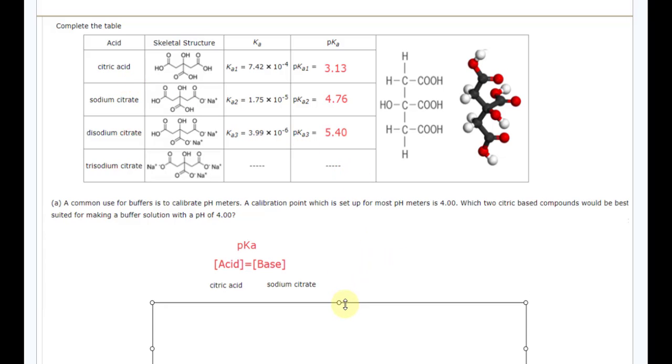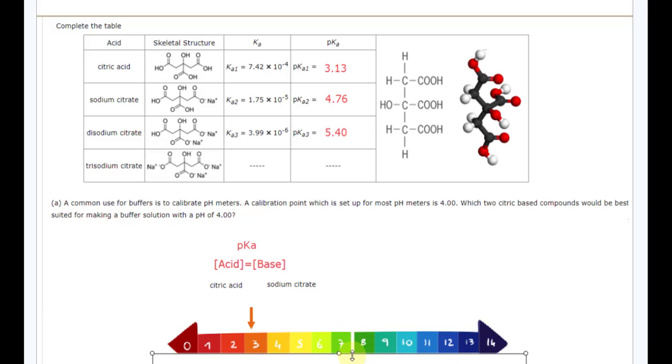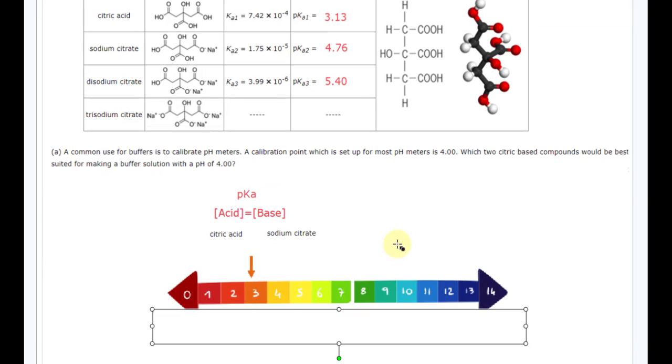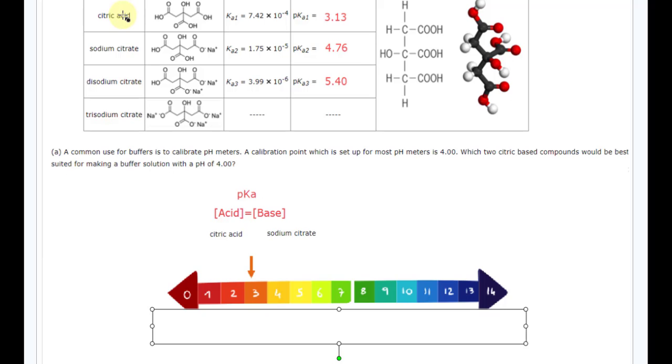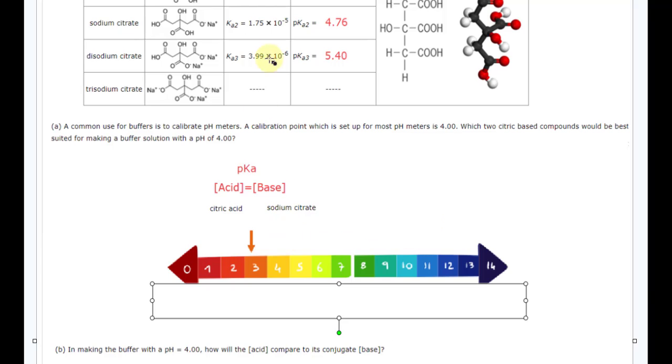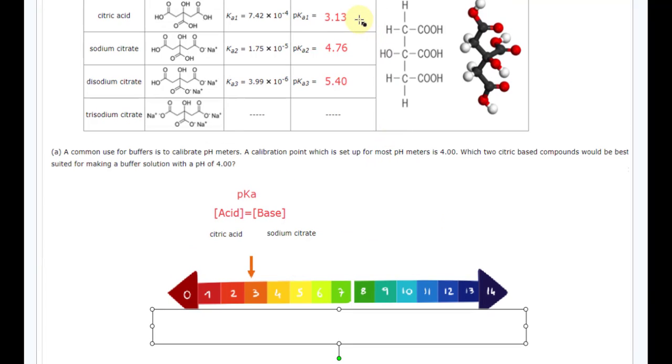So let's look at our little mixture here. Here's our little pH diagram. And we know if we have an equal amount of our first acid, our citric acid, and our conjugate base, we get a pH of 3.13 right here. That's what this arrow is.